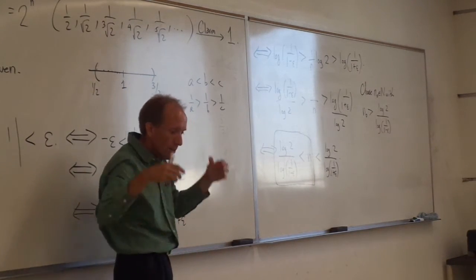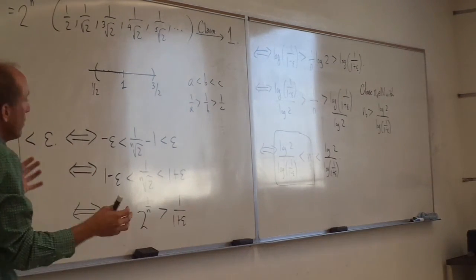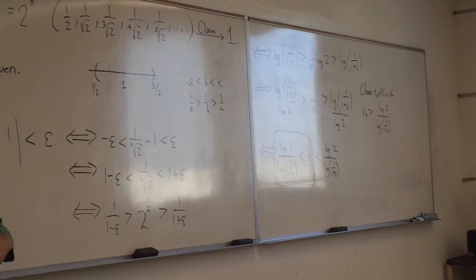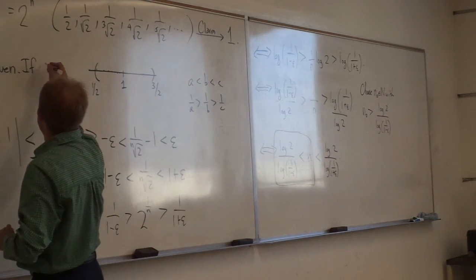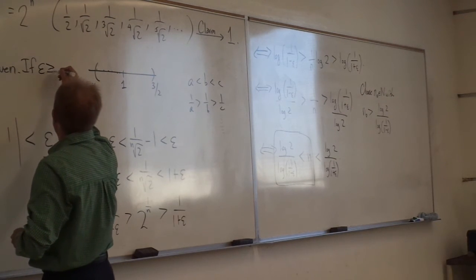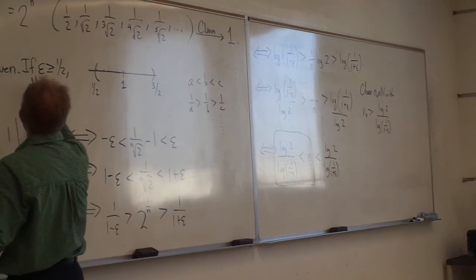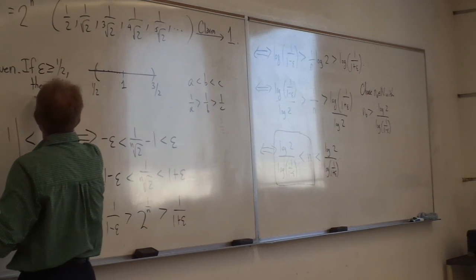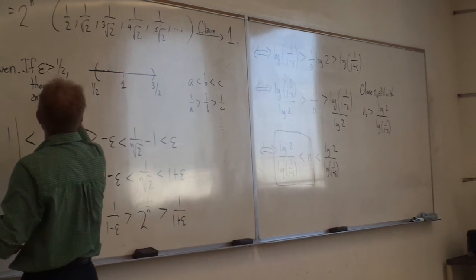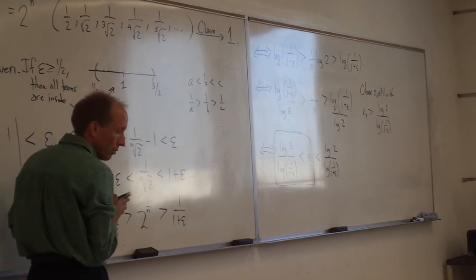So if epsilon is big, then we've got no problems. You could actually almost do it in 2 cases. If epsilon is at least a half, then all terms are inside that interval, basically.